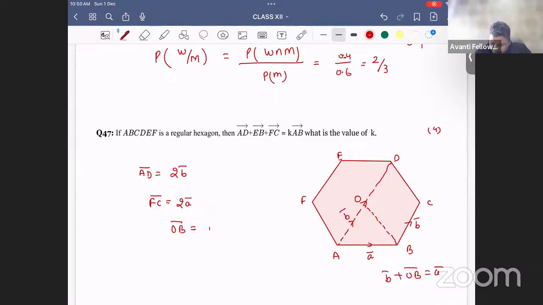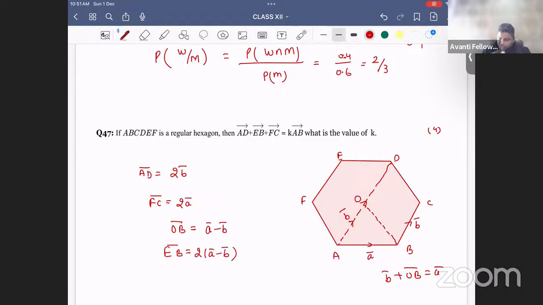So OB is A minus B. So EB is, this is B, just E plus OB is this. So O to B is this. So E to B is what? E to B is twice of A minus B.